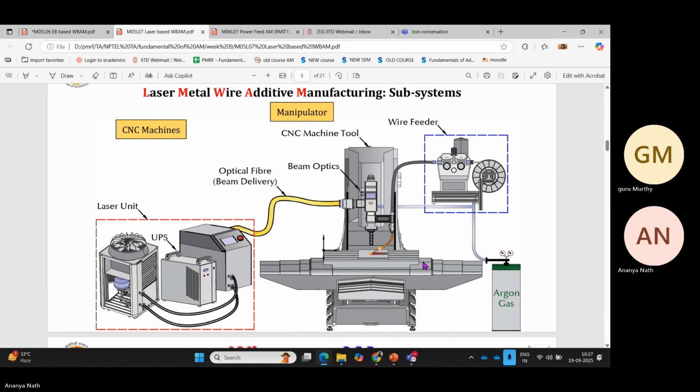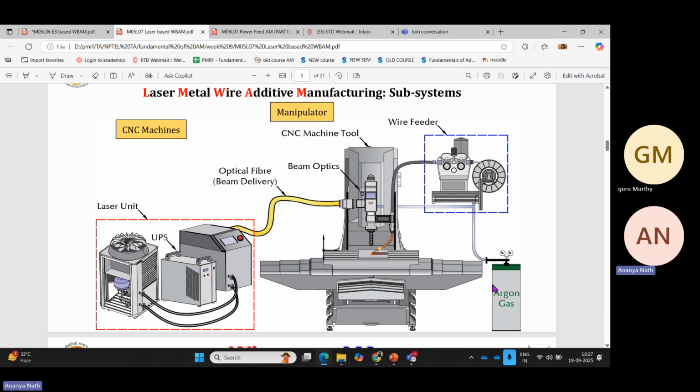So we normally use argon gas. Argon, nitrogen, helium. These are a few inert gases which will not interfere with your process, but will create a hemisphere of the gas which will not let the air or foreign particles enter your deposition zone.